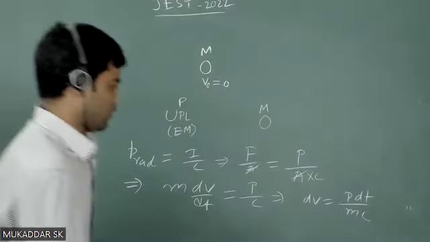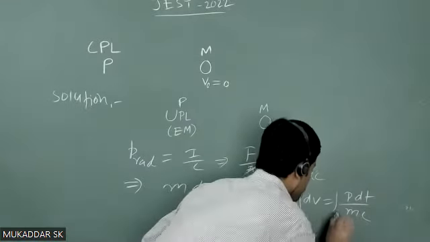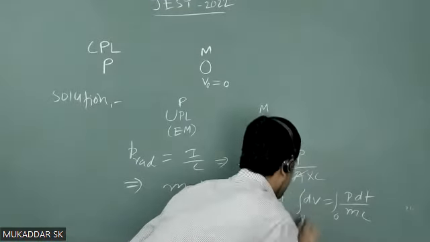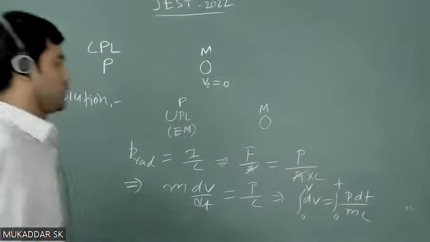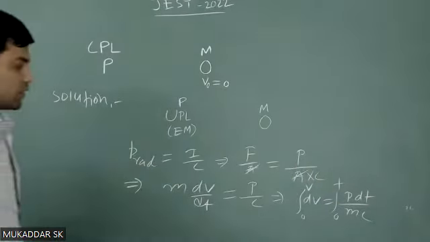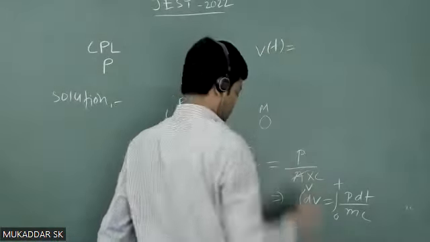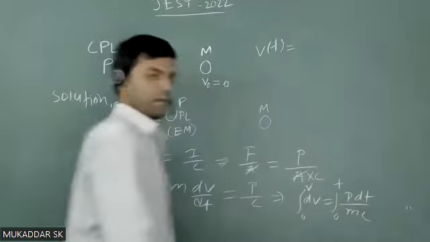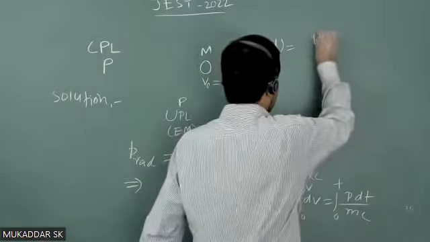Now if I integrate both sides, at time t equals 0 the particle speed was 0, and at time t equals t, let us assume the speed is v. So the speed as a function of time will simply be P t by m c.